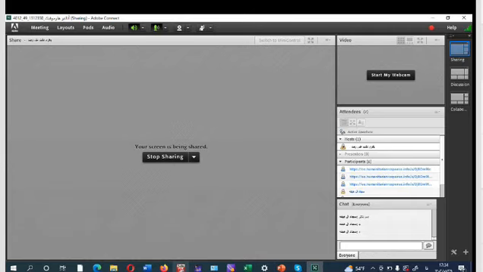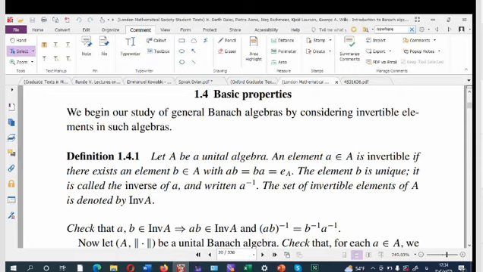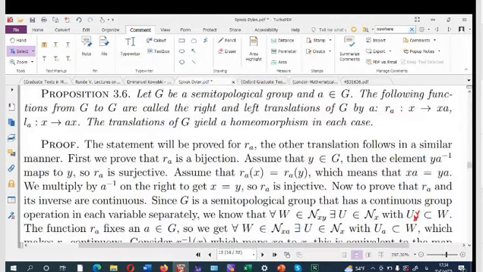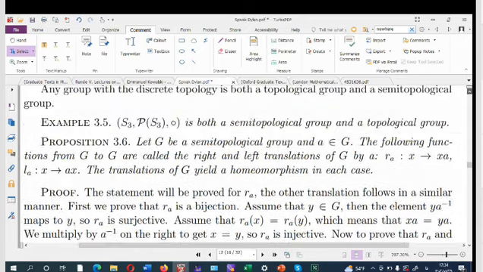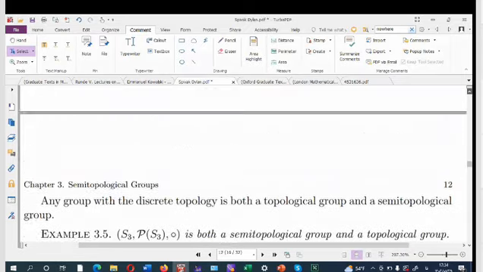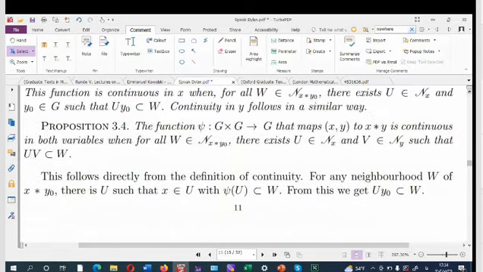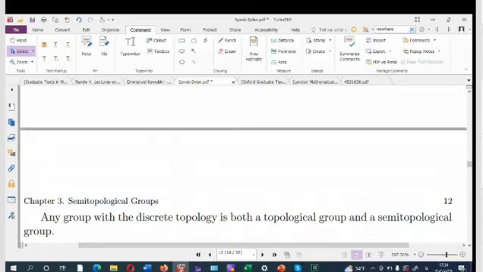In the program we see this proposition, and we see this example.